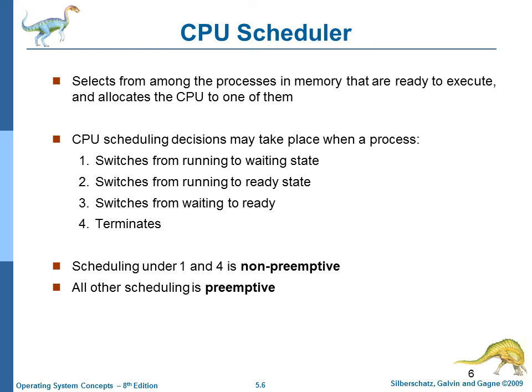If scheduling takes place only under conditions 1 and 4, the system is said to be non-preemptive or cooperative. Under these conditions, once a process starts running, it keeps running until it blocks itself or it terminates. Otherwise, the system is said to be preemptive.